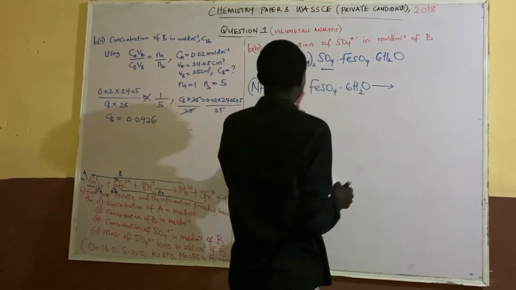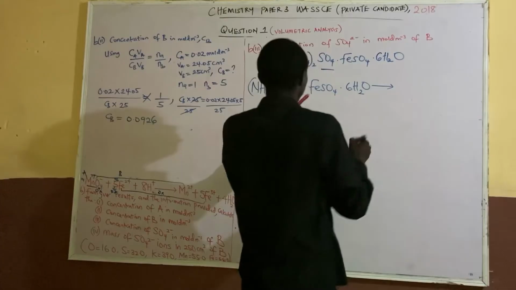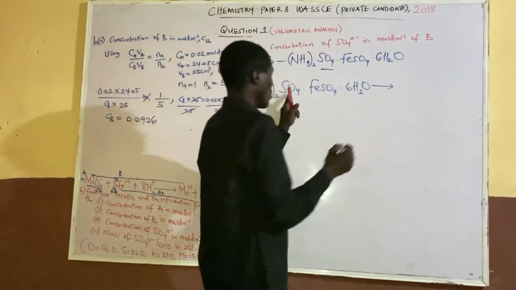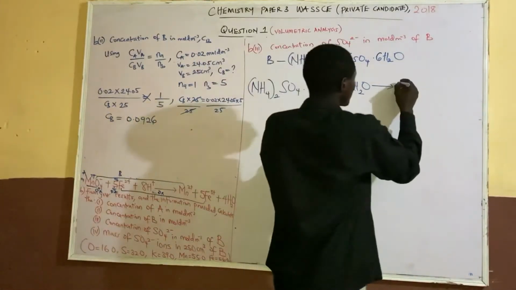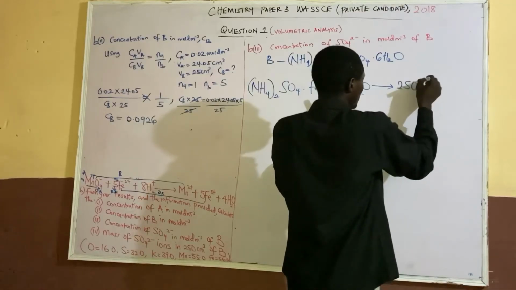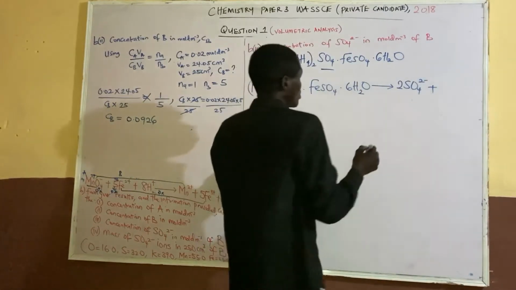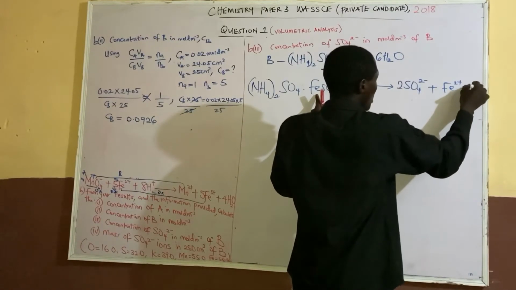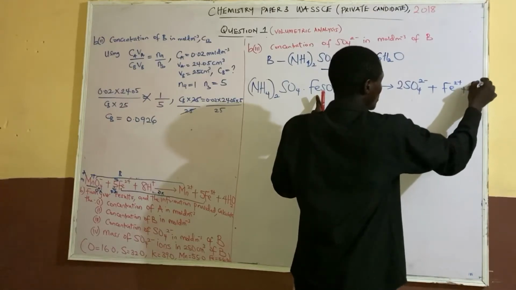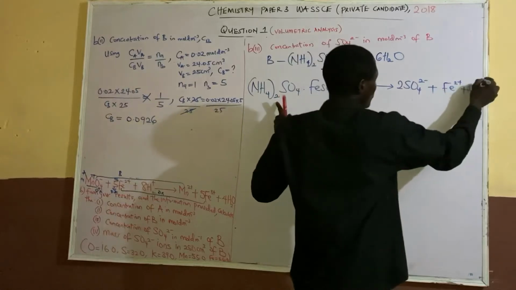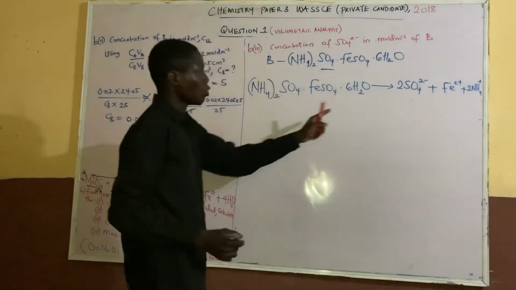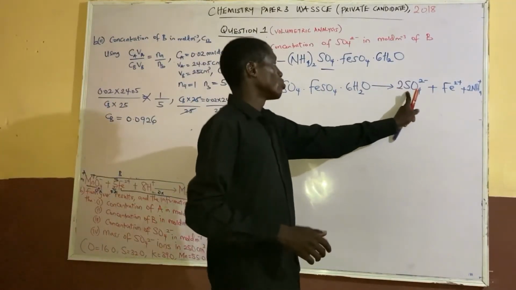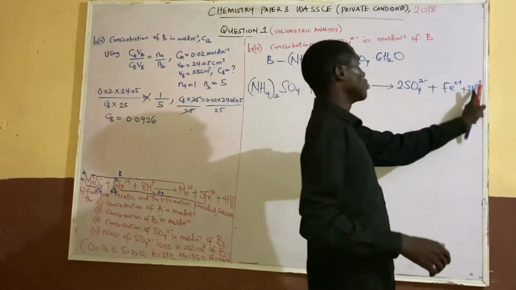If you break this down, when it dissociates in water, we have 2 sulfate ions, plus Fe2+, plus 2 ammonium ions. So when it breaks down in water, we have 2 sulfate ions, Fe2+, and 2 ammonium ions.